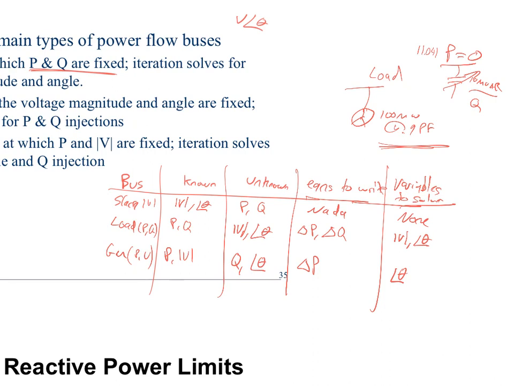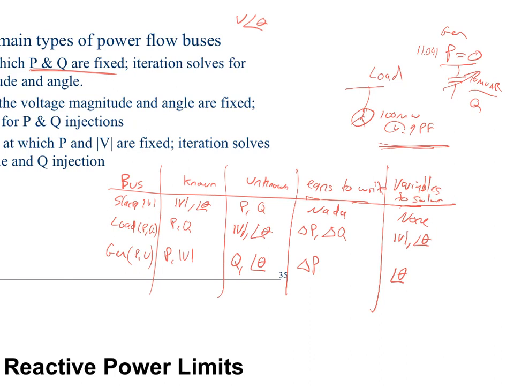So if this is maintaining voltage, what type of bus is this now? PV or generator bus? Because I know P is still 0, and I know the magnitude of the voltage is 1.04.